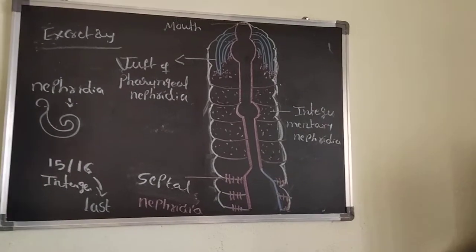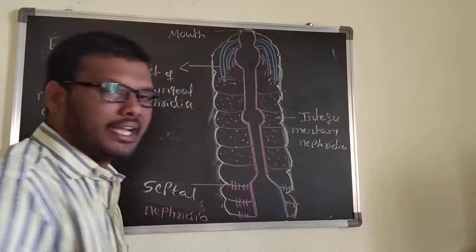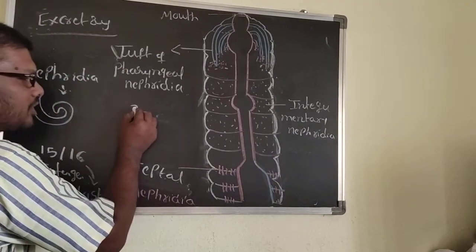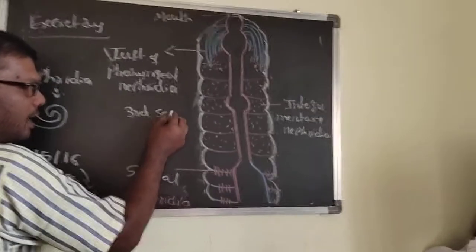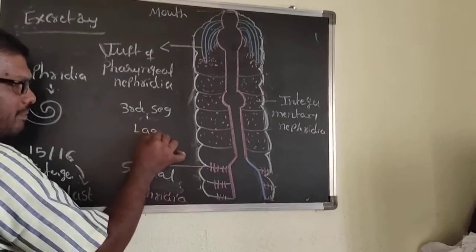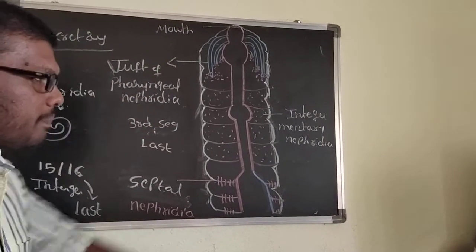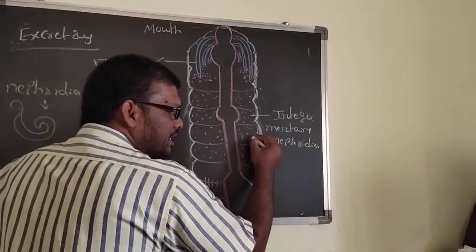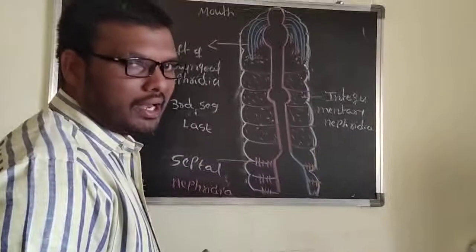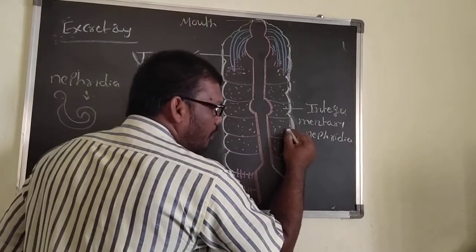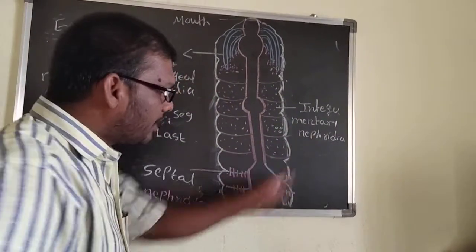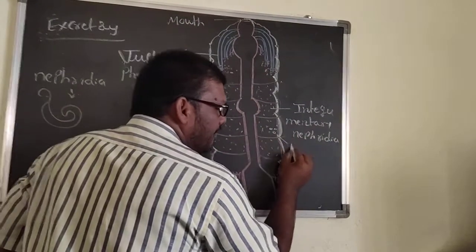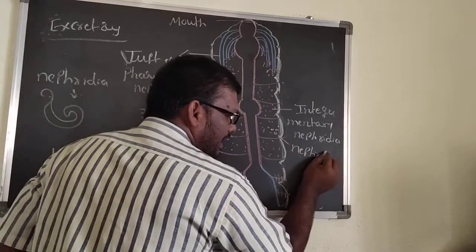Now the integumentary nephridia start from the 3rd segment up to the last segment. This nephridia is attached to the body wall and opens into the exterior by nephridopores.